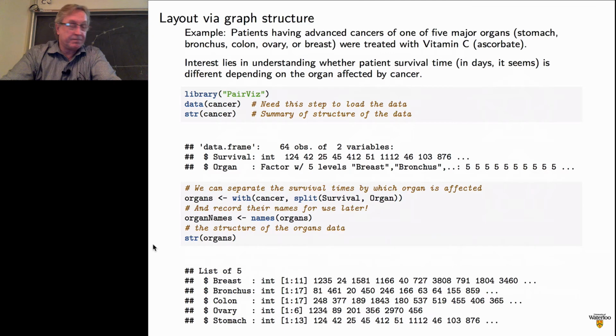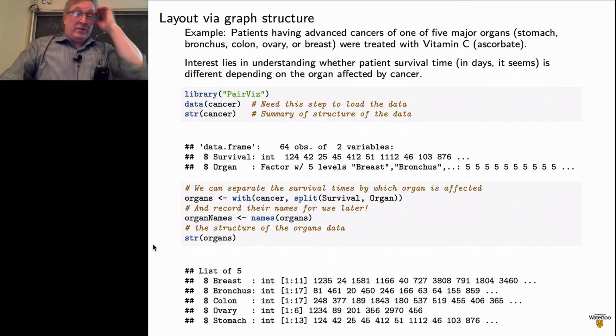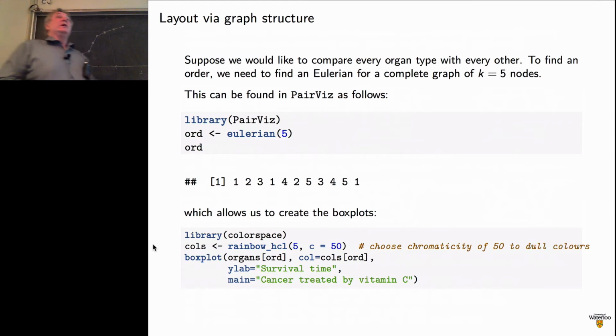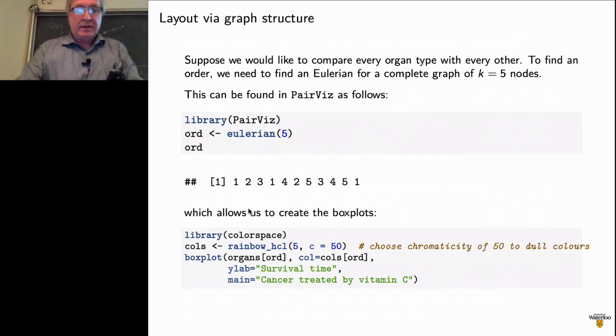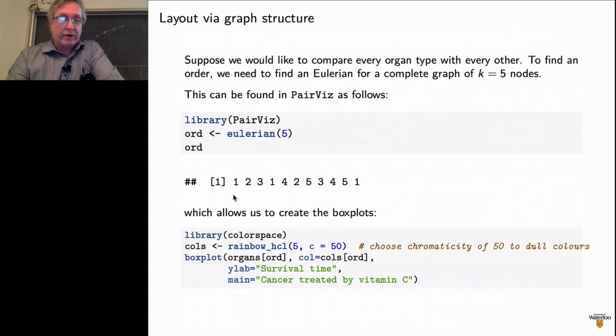Okay? So there are 5 of these things. Each organ is going to be a node. And in Pairviz, that's why you need to know the names, you can ask for the Eulerian on a complete graph of 5 nodes. So Eulerian 5 is going to produce this ordering: 1, 2, 3, 1, 4, 2, 5, 3, 4, 5, 1.